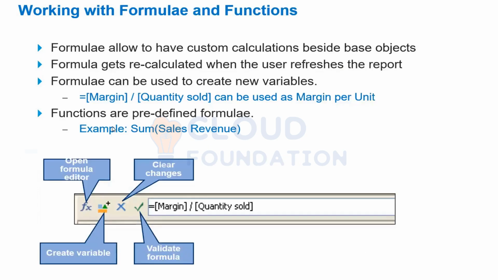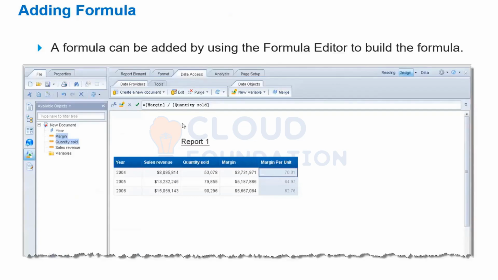Adding variable is like we will keep it as a margin per unit. We will name it so that it can be accessible in our reporting purpose in other tables. But if we just create a formula, it is not reusable. Like if we insert it here, I'll show you what that is.